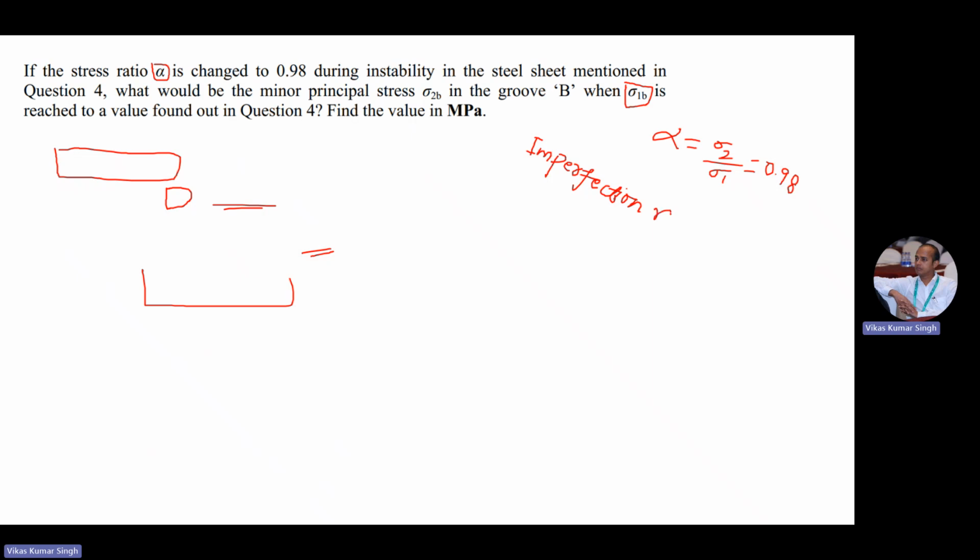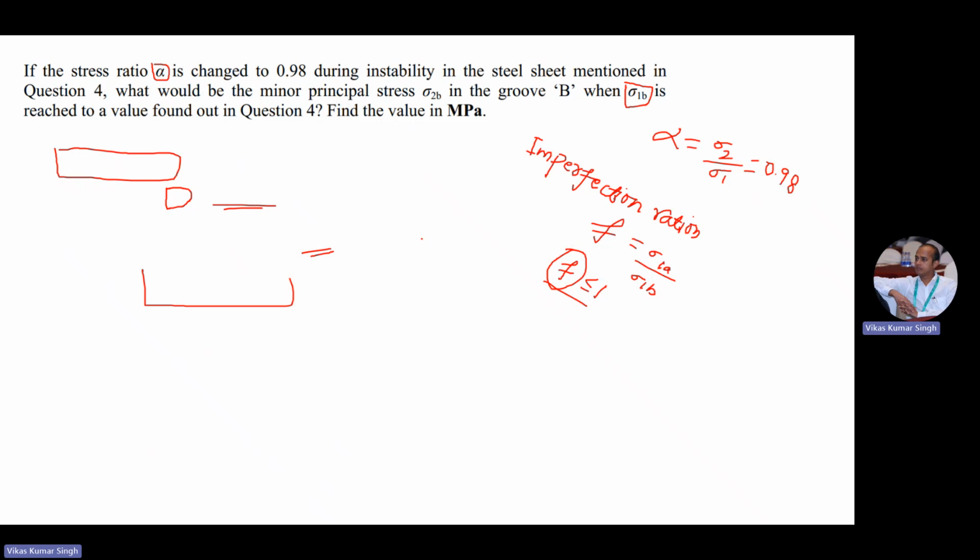Sometimes people also call this the inhomogeneity factor. We can say F. This is nothing but the ratio of the major stresses in the two directions, sigma 1A and sigma 1B. We learned this value is always less than or equal to 1. And this represents the localized weakness in the material, in the sheet, during the forming process.